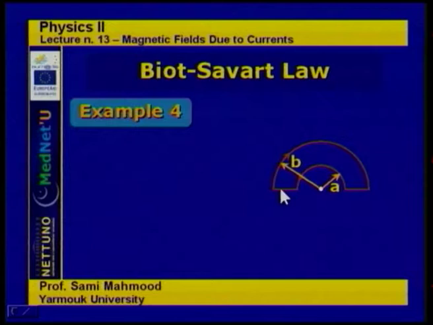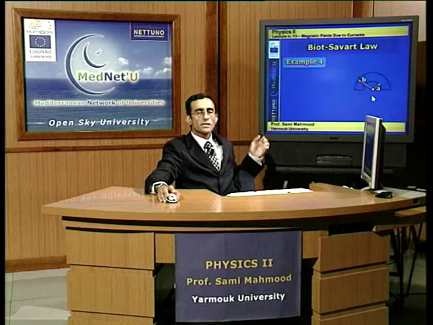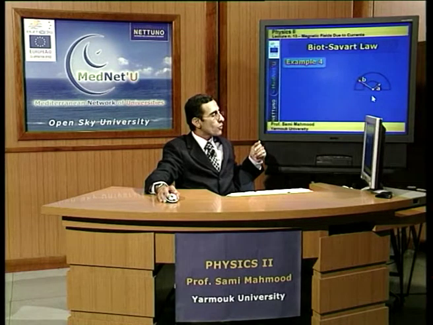Also, as an example, we can look at this shape, which consists of two semicircles: one arc which is a semicircle, half of a circle, of radius b, and another half circle of radius a. Those two halves are concentric, and they are connected by wires, and they are carrying current I. This could look complicated, but actually it's not, because we can apply the same formula that we have obtained before.